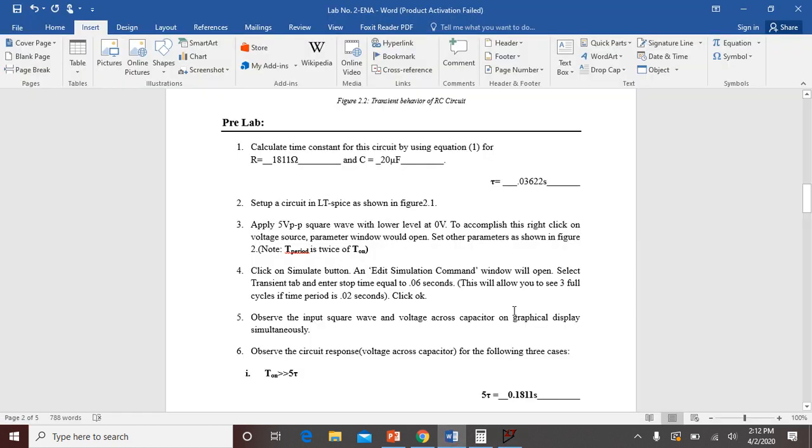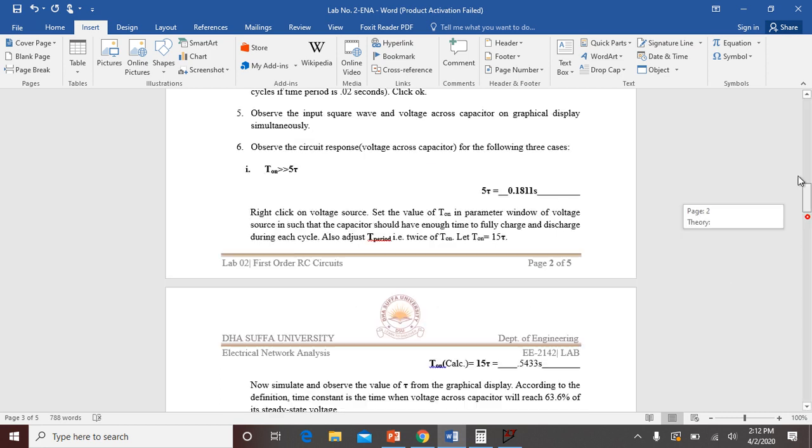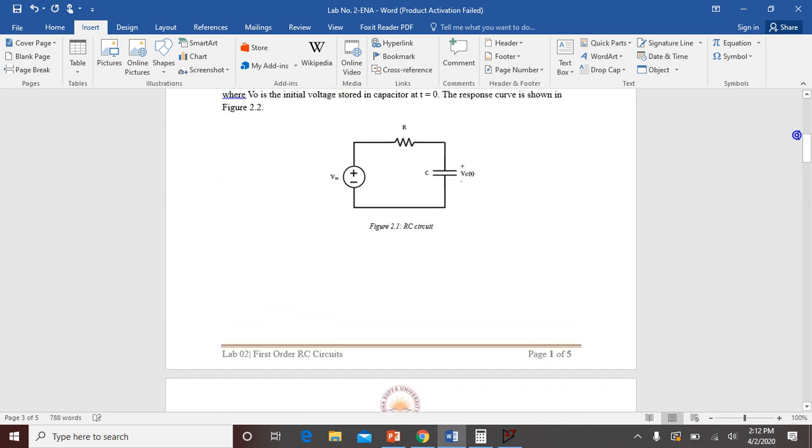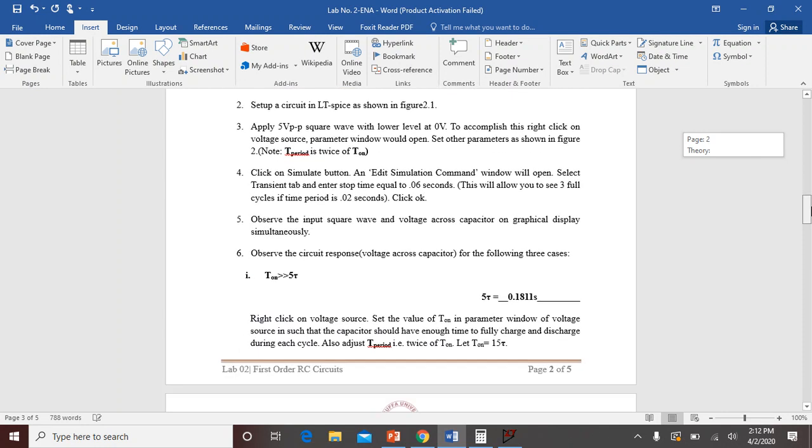I'm going to write it over here: 36.7 milli, or you can say 0.0367, which is almost equal to the value we had already calculated.